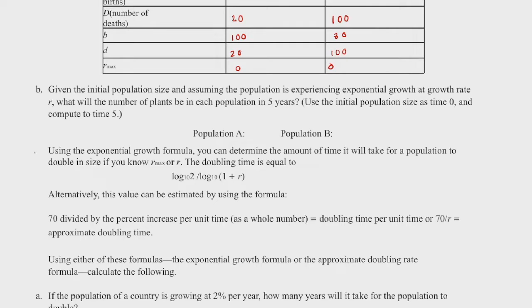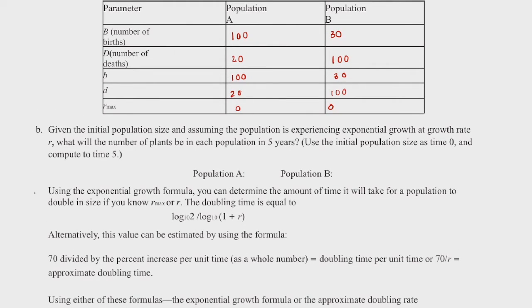So for the population, using the equation that we saw earlier, because this only gives us births, deaths, and then lowercase b and d and R max, and we have R max as 0. We have delta N over delta t is equal to R max N. And so it's asking for the number of plants in each population in 5 years.